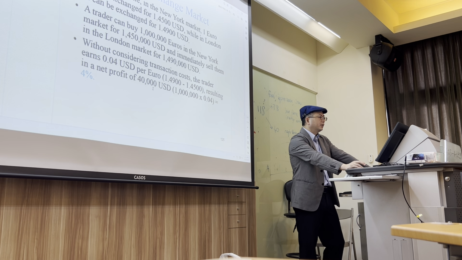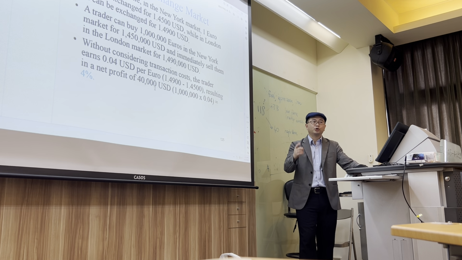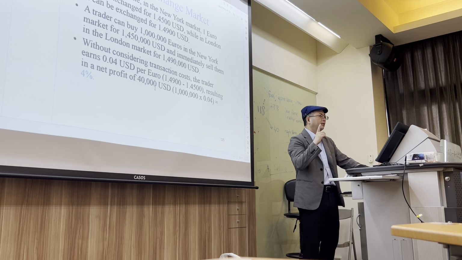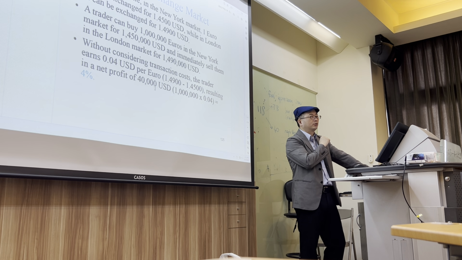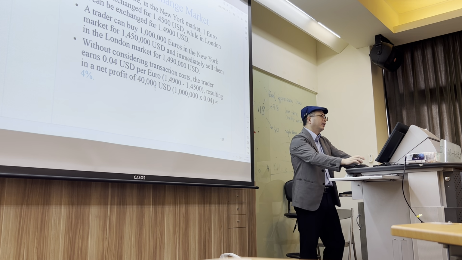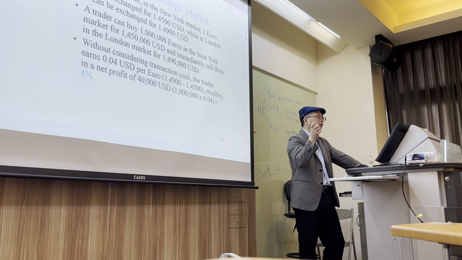Let's assume you have 1 million euro to start with. Then you can purchase 1.45 million USD, and then immediately sell that in another market for 1.49 million dollars. So what would be the difference?